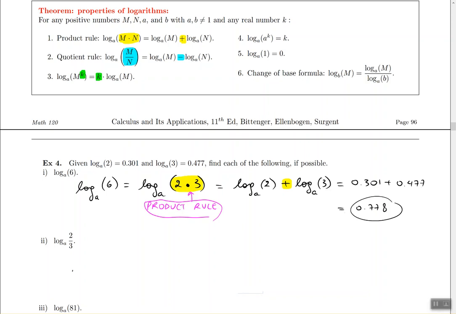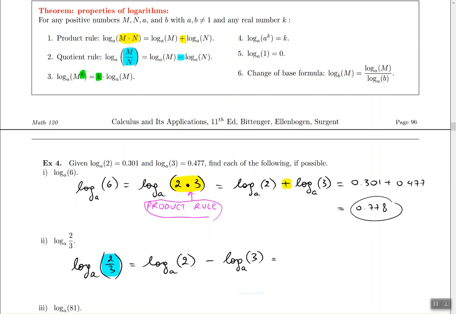Looking at the second one, it says log base a of 2 over 3. Whether there are parentheses or not does not matter, but notice that there is a fraction. So on this problem, we're going to be using the quotient rule. According to the quotient rule, we write log base a of the numerator minus log base a of the denominator.